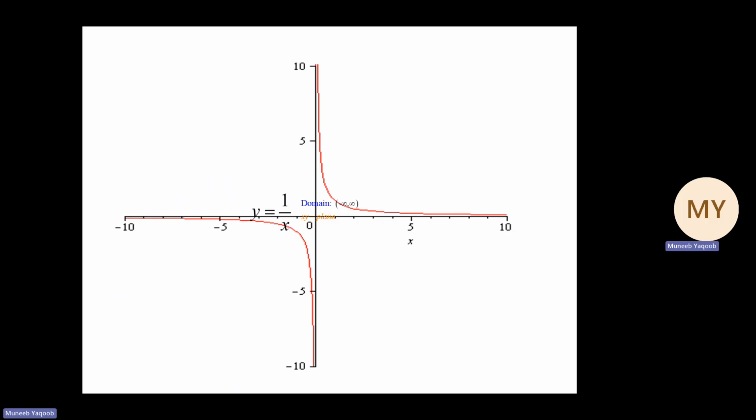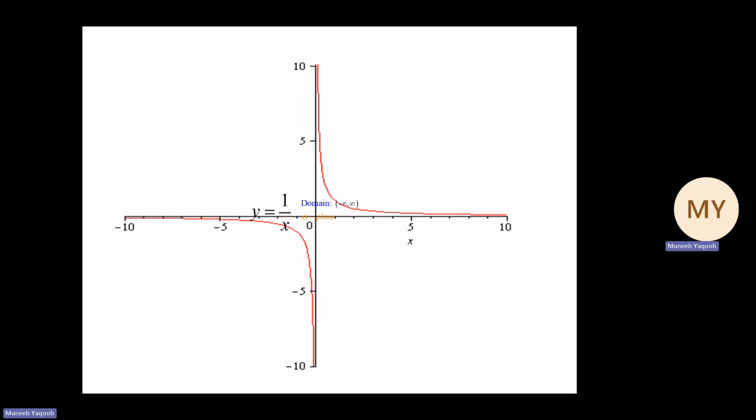Hence we can conclude that we can put any x from minus infinity till infinity, but x equals 0 is not allowed. So the domain of this function is from minus infinity to plus infinity, but three values are not allowed.